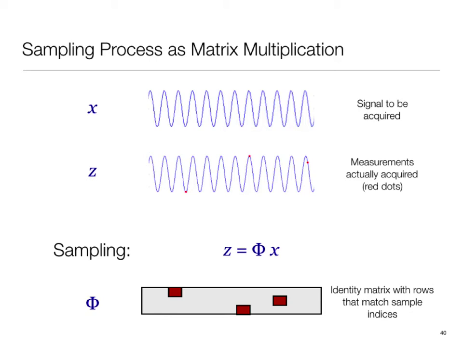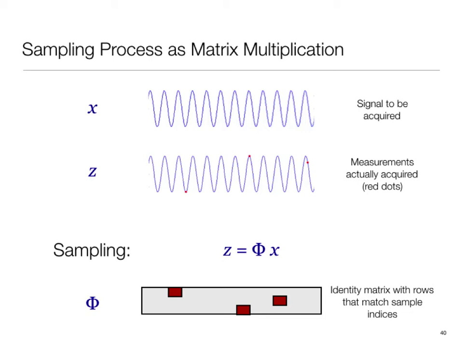So phi is a random matrix like that. It turns out that a lot of natural signals can be sampled this way, with z being a lot smaller in dimensionality than x. You see that phi is as wide as x, but its height is very small, so that means I have very few samples.